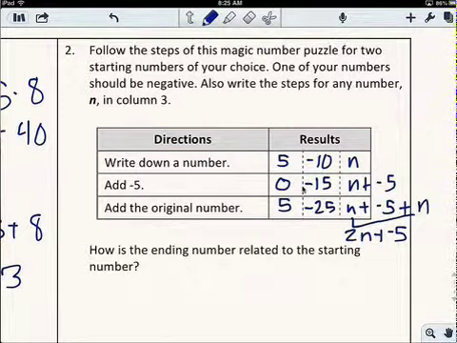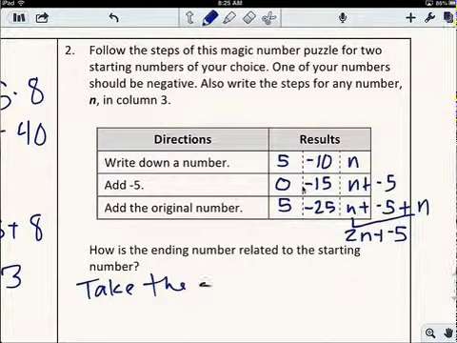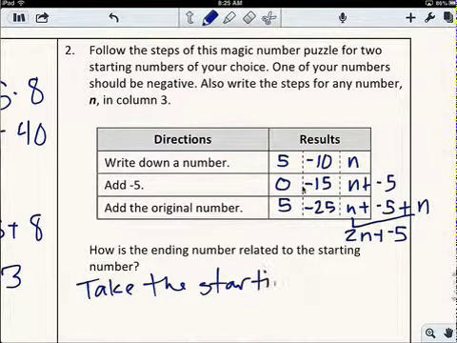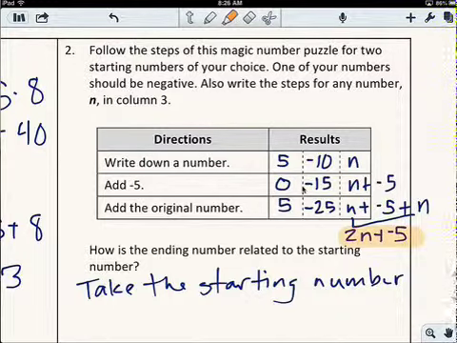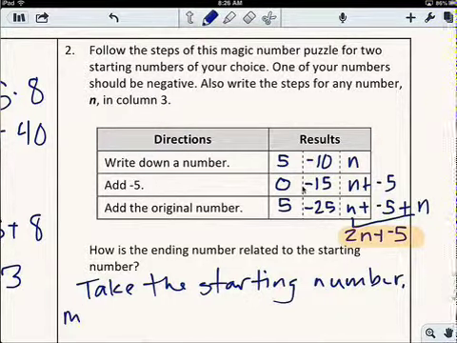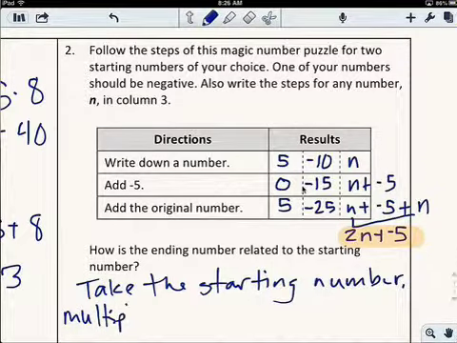It says, how is the ending number related to the starting number? I'm just going to describe what I see. Take the starting number, multiply by 2.